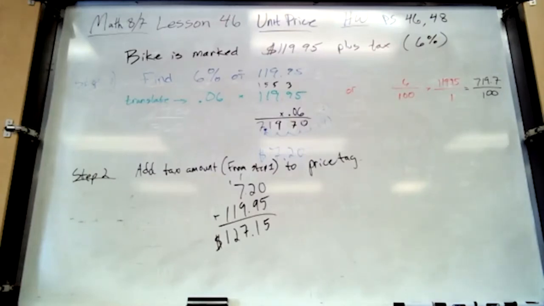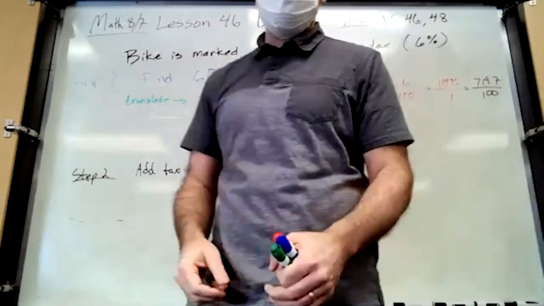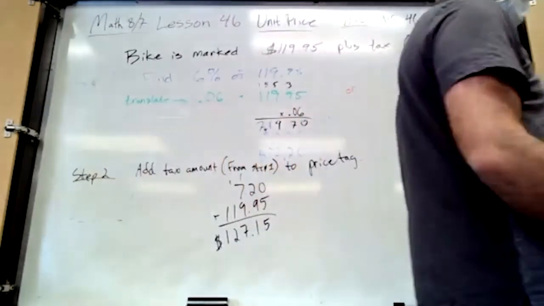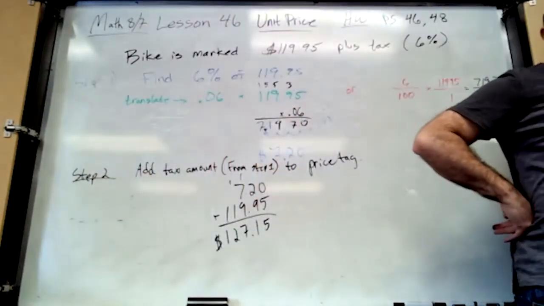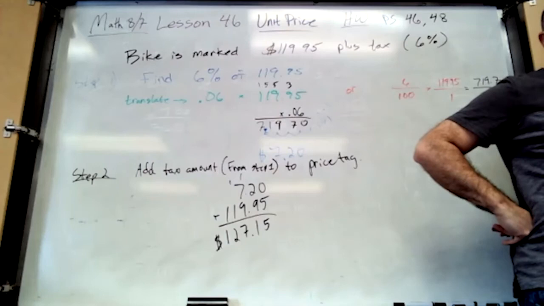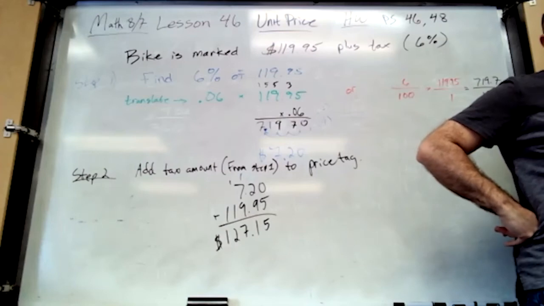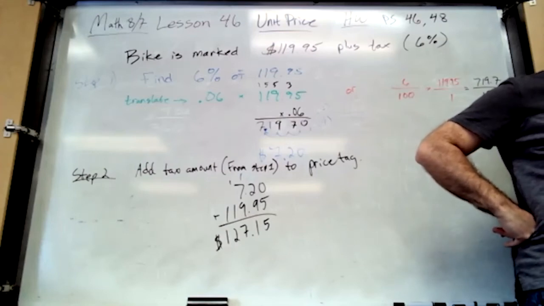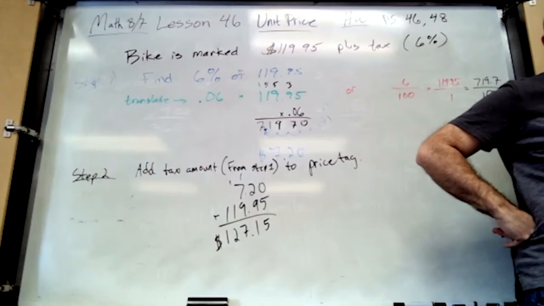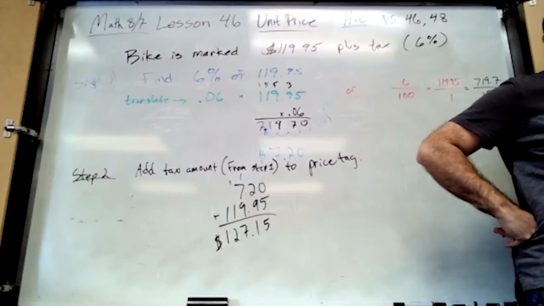Now, usually what I do is tax is usually maybe around 10% at the most, so it's easier to find 10%. So I estimate the price, and then when I check out at a store, I make sure it's not too much. Okay, well, this price tag said $45 and you're charging me $60.